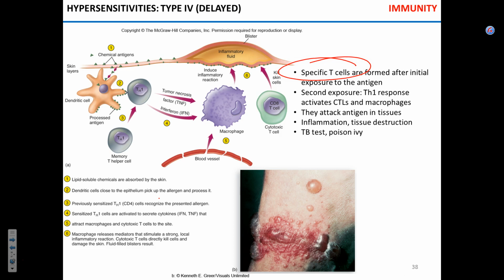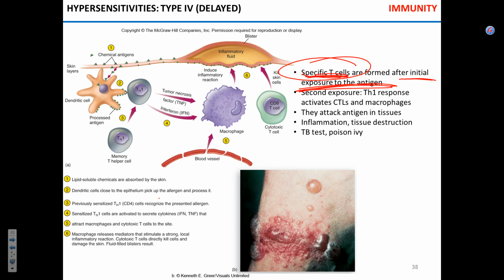So when you get a TB test, you get tested whether or not you had an infection with the bug known as Mycobacterium tuberculosis. Because if you had this infection, then at the time of infection, your immune system responded to it and formed specific T cells after the initial exposure to antigen. Does that make sense?